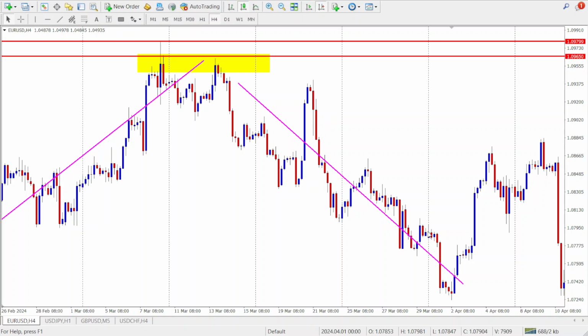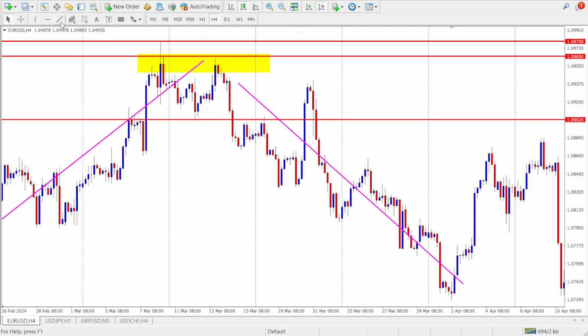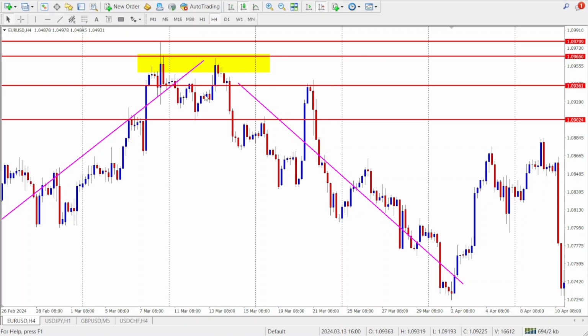All right. Then you can also use confirmation tools, okay? Perhaps fair value gaps, your imbalances, because price often moves toward other blocks to fill liquidity voids. For example, we can see that in this area, you can see this long bullish candle.